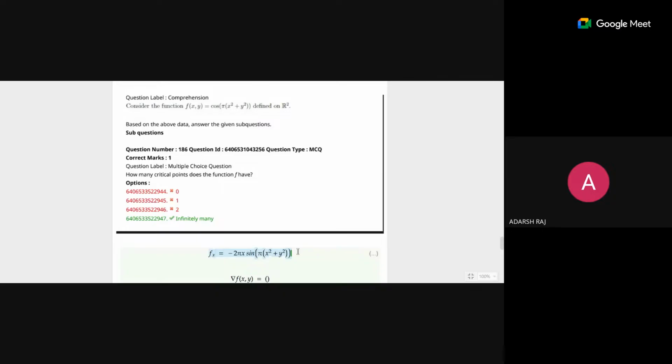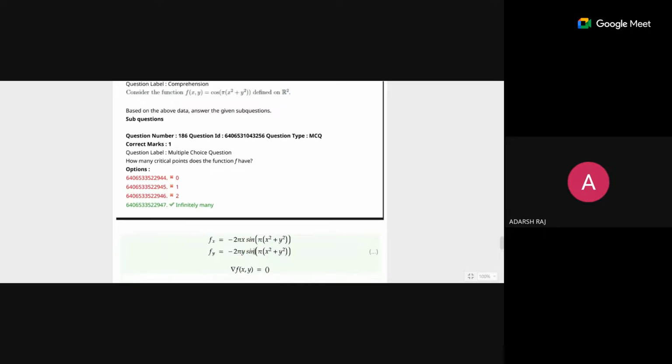And f of y, by symmetry, will be minus sine of pi times x square plus y square, into 2 pi y. Got this one? How do we find this? Partial derivative. Now we have to equate this equal to 0, right? Yes, sir.